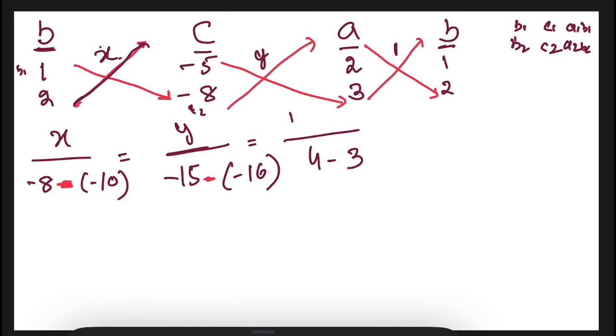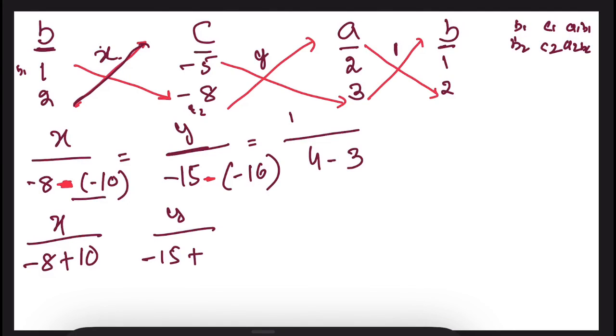Then x upon -8 plus 10, minus into minus is plus, y upon -15 plus 16, equals 1 upon 1. Now let's find the x value: x upon 2 equals y upon 1 equals 1 upon 1.